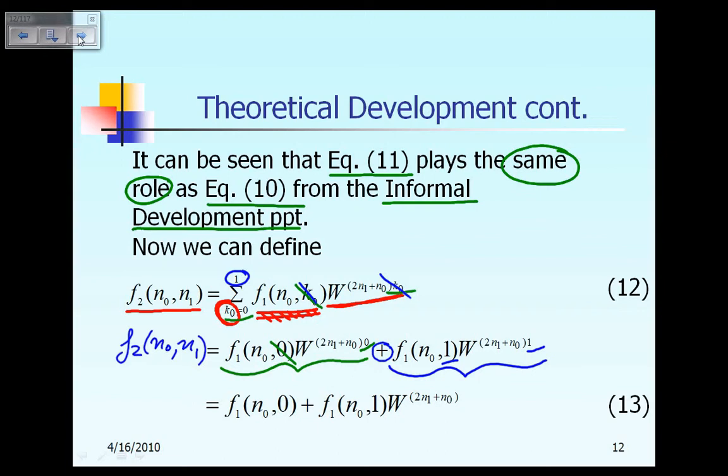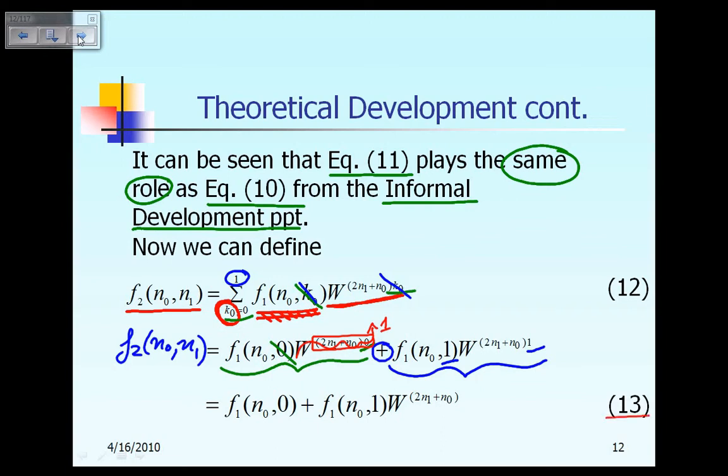And again, you can simplify a little bit more. The reason you can simplify is because 0 times anything is still 0, and then when you take w raised to the power 0, the whole thing becomes 1. That's why the previous equation can be simplified to become equation 13.